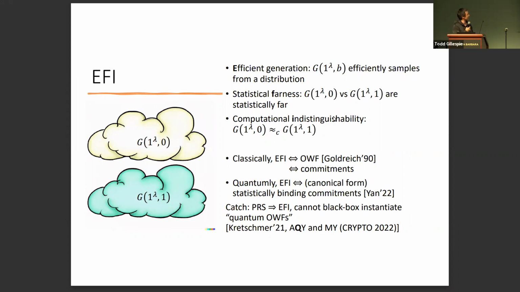And they satisfy two additional properties: statistical farness, which says that these two distributions are statistically far, and computational indistinguishability, which says that these two distributions are computationally indistinguishable. And it is a classical result by Goldreich, which shows that classically this kind of object is equivalent to one-way functions, and therefore it is also equivalent to commitments.